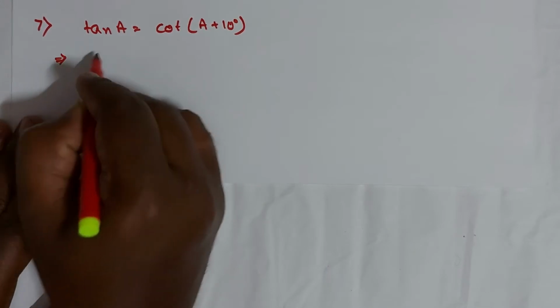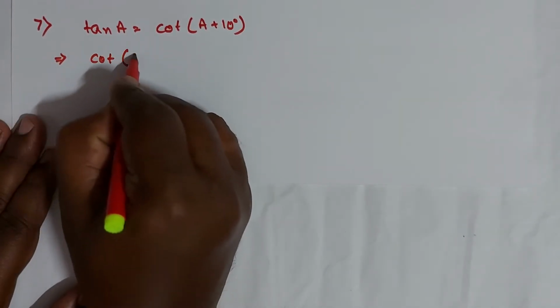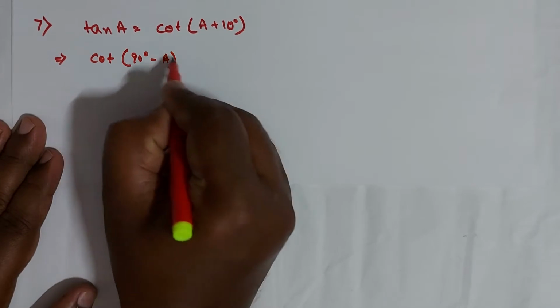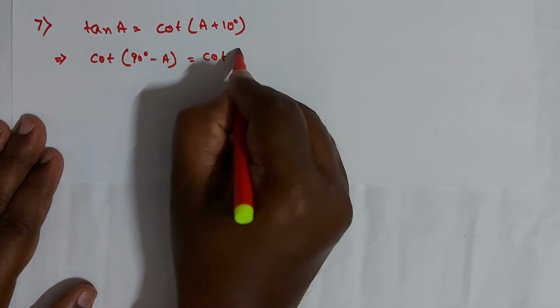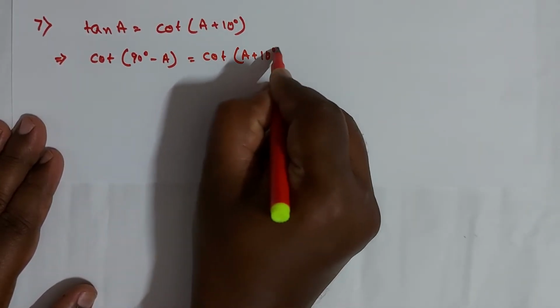So tan A equals cot of (90 minus A). The other side is cot of (A plus 10 degrees).